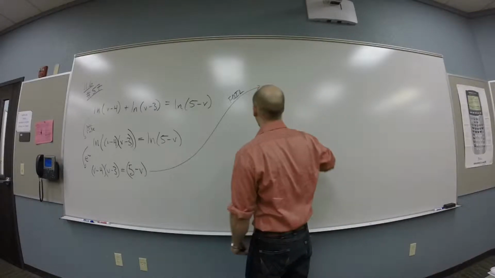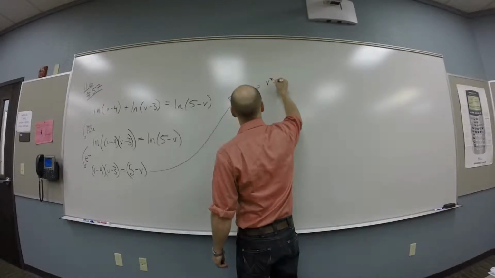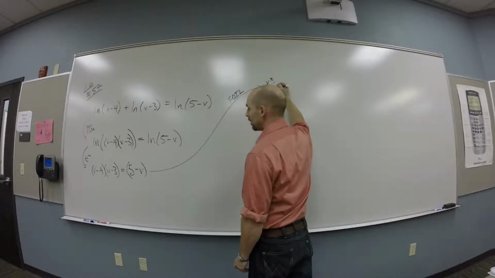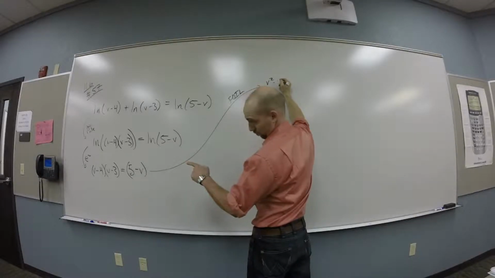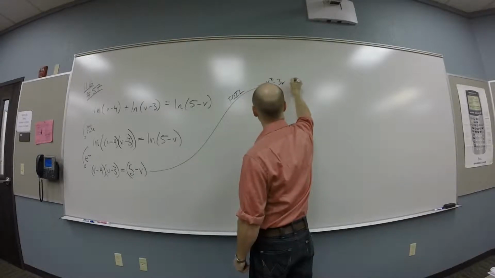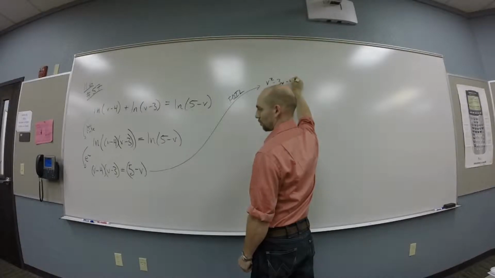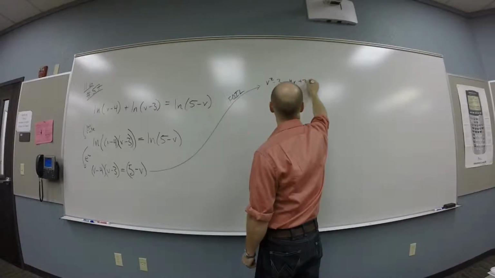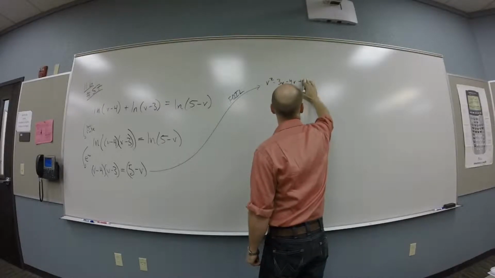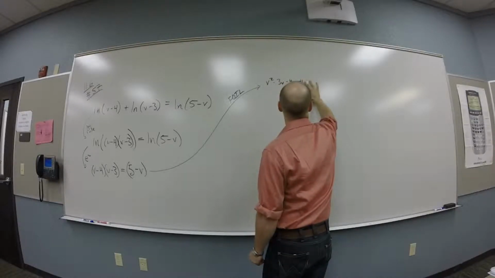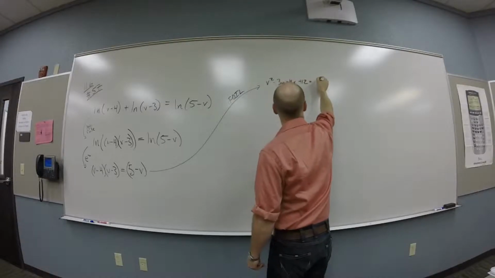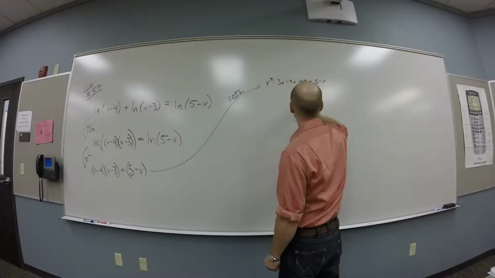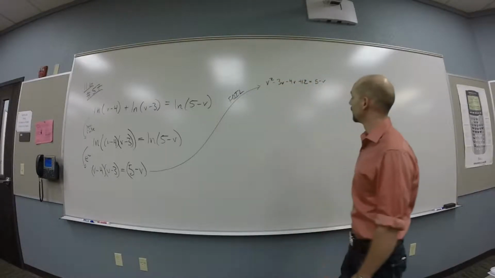Okay, so I've got v squared minus 3v minus 4v plus 12 is 5 minus v. Okay, so then what?